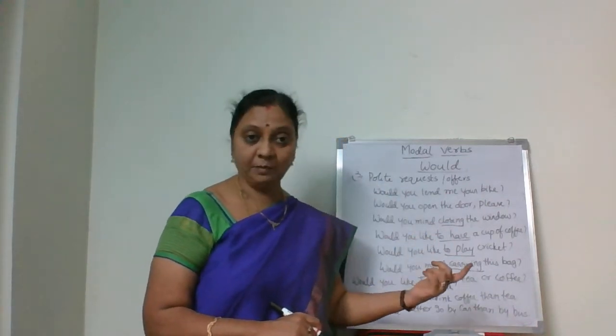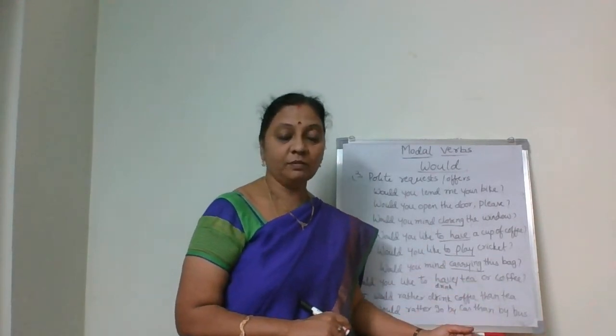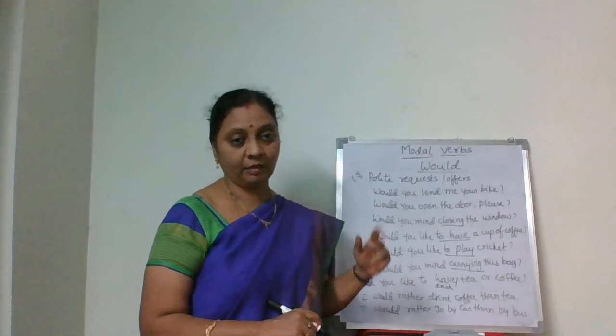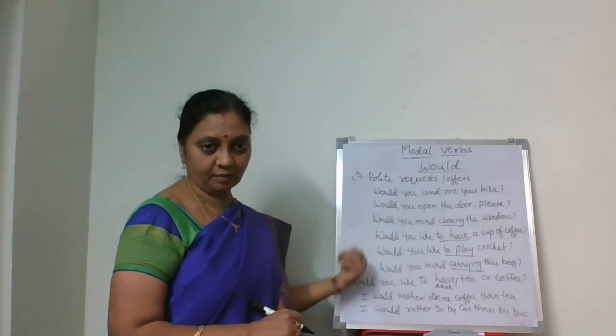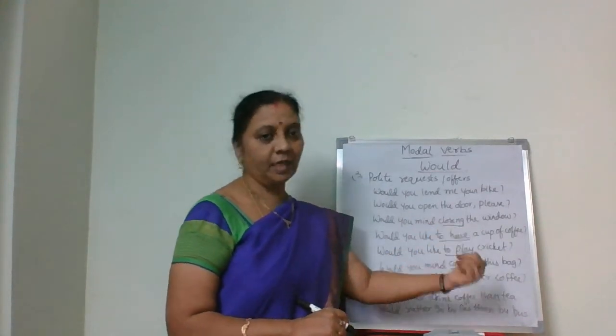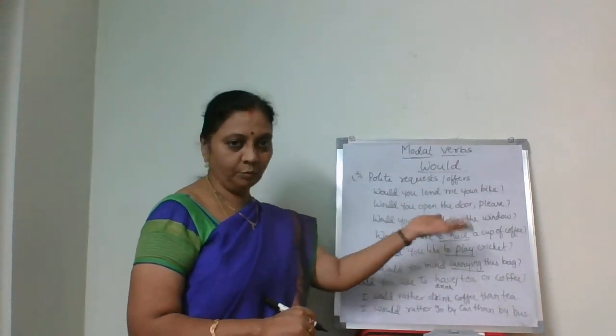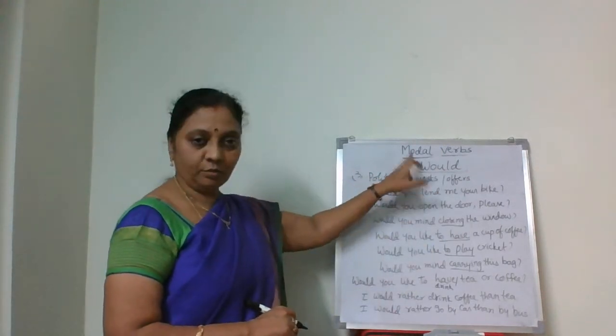Could you please tell me the way to the station? Could you do this for me? That is also a polite request. Whereas in would, these two expressions, would you mind and would you like to plus something, are very important related to would.